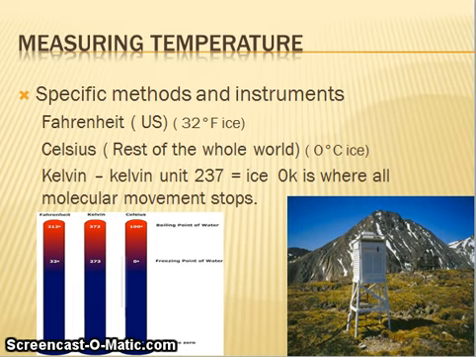One is the Fahrenheit scale, the second is the Celsius scale, which the international scientific community uses, and then there's the Kelvin scale, often used for scientific research. You can look at the diagram and see the temperature for freezing of water: 32 degrees Fahrenheit, 0 with Celsius, and 237 Kelvin units.